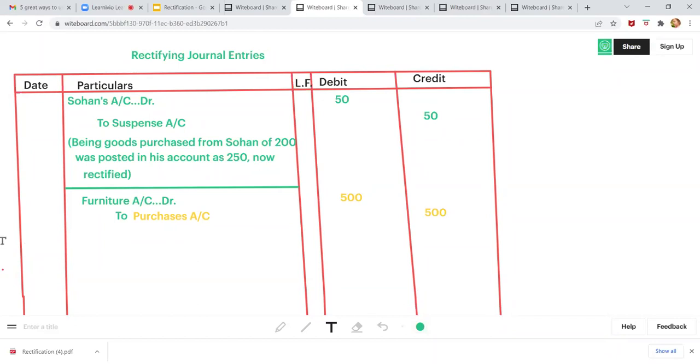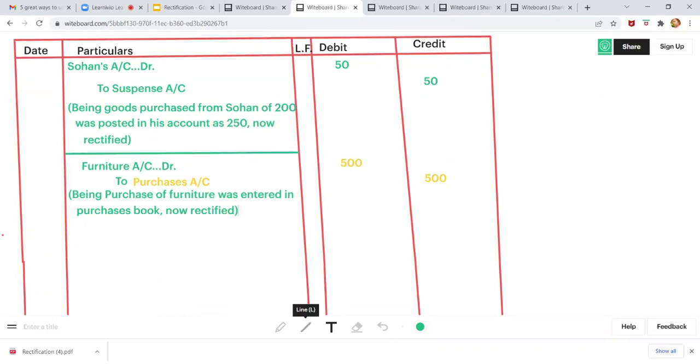Here we will write the narration as being purchase of furniture was entered in this book.